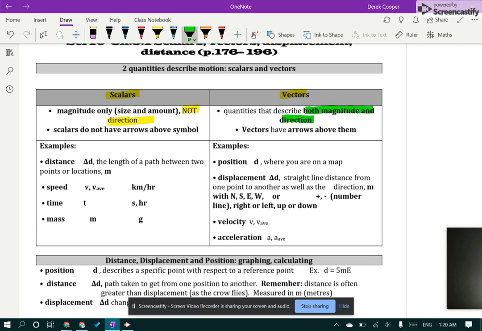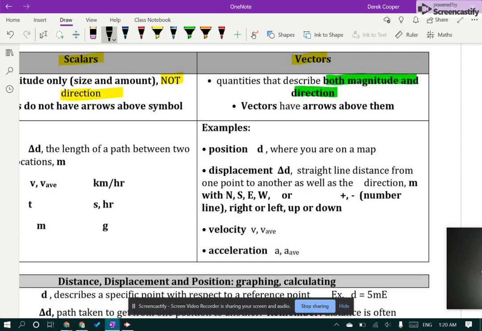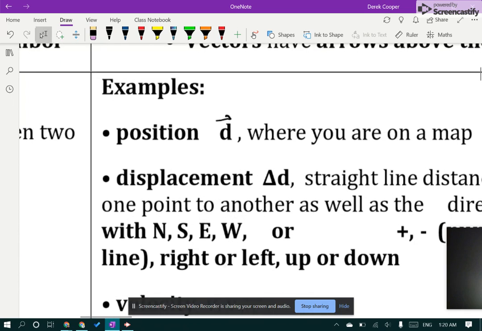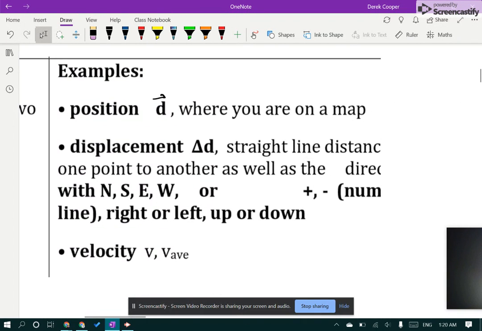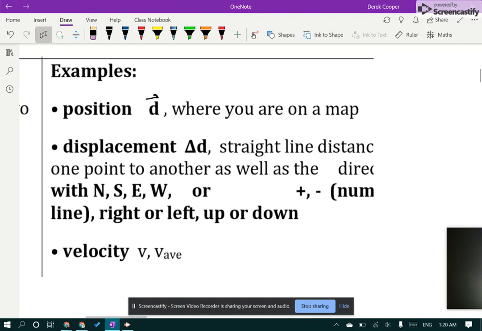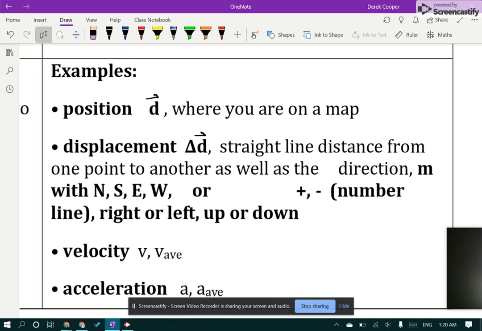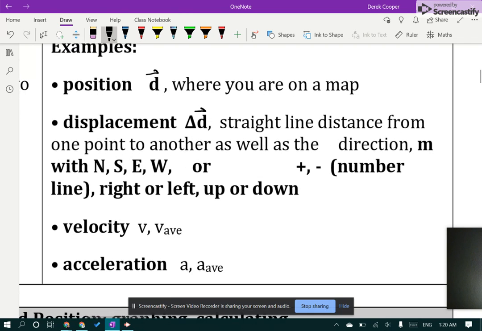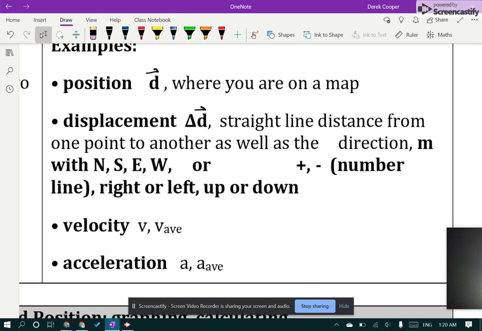Anytime we have a direction attached to it, our symbols get a little arrow above it, just like that there. So displacement would be a vector quantity, so we put the little line above. Now, obviously, it was hard to do when we made these things, but that is the straight line distance from one point to another.